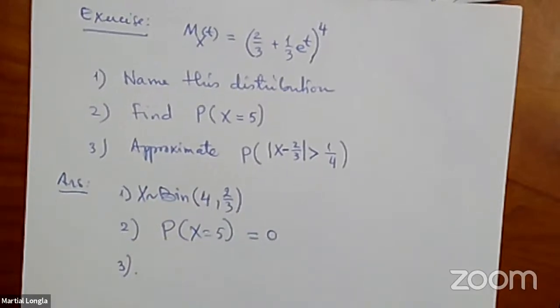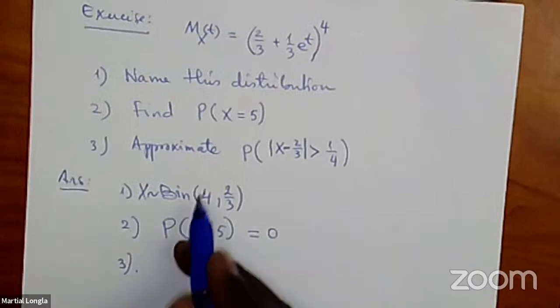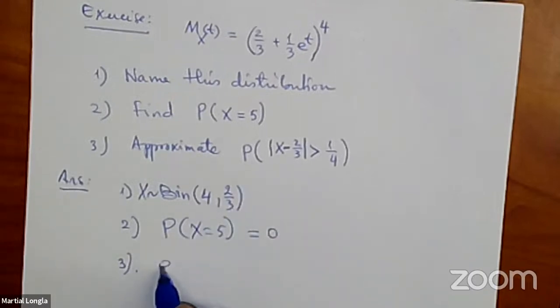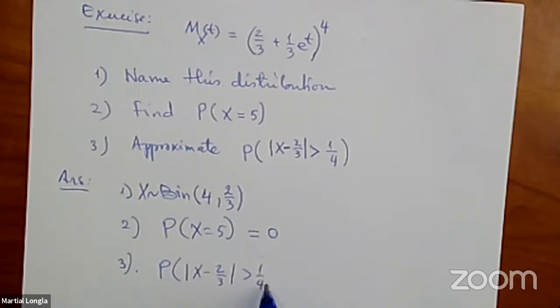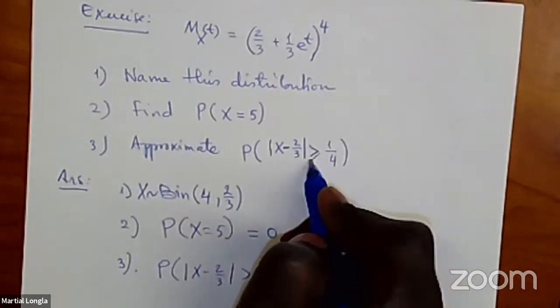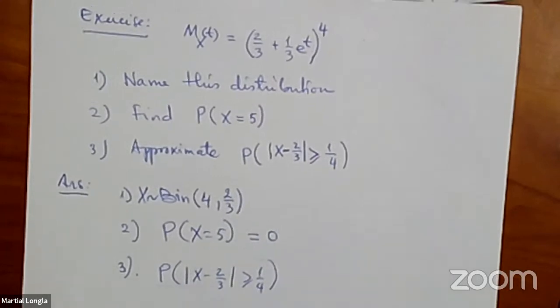Now, what's the third question? Approximate this. How do you approximate this? You put larger than or equal to avoid people having issues, right?